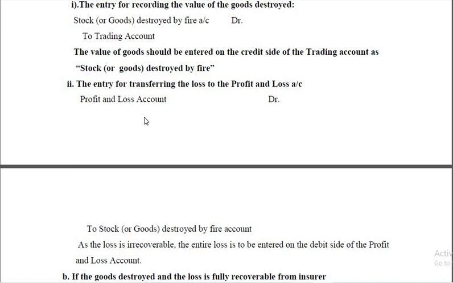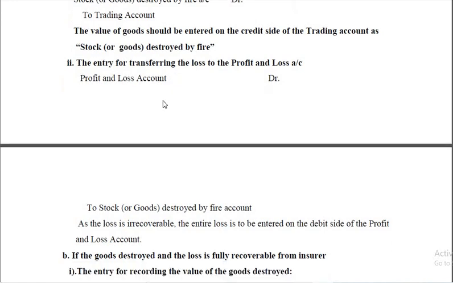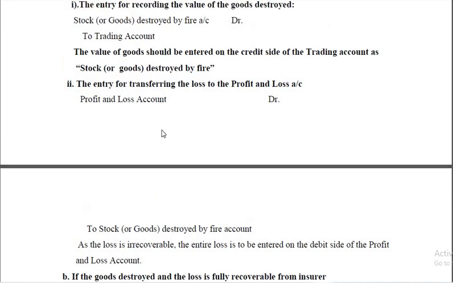Secondly, it's a loss, it's irrecoverable. Nothing is recovered from the insurance company. Therefore, it is debited to profit and loss account. So if you prepare stock or goods account, first it will be debited and next it will be credited. So that account will be closed. Ultimately, loss will be debited to profit and loss account and credit will be given to the trading account.